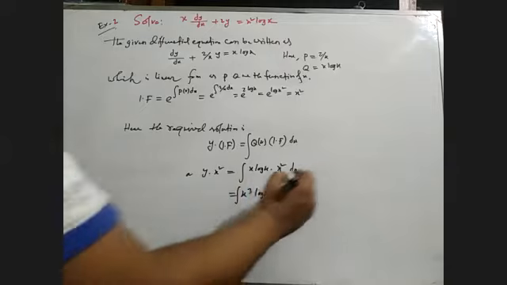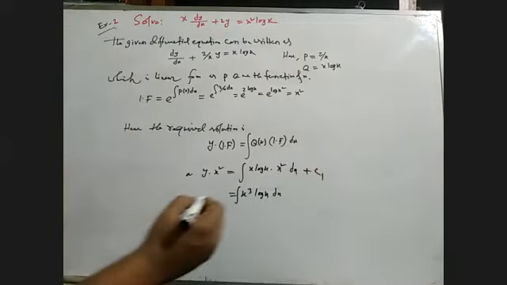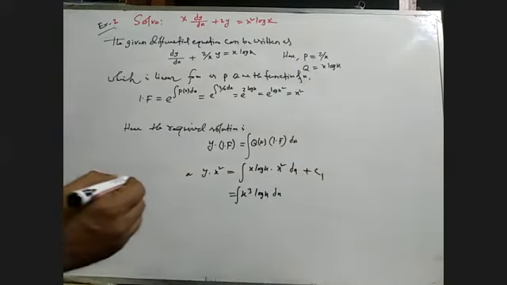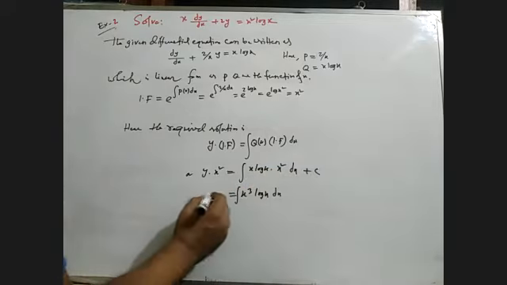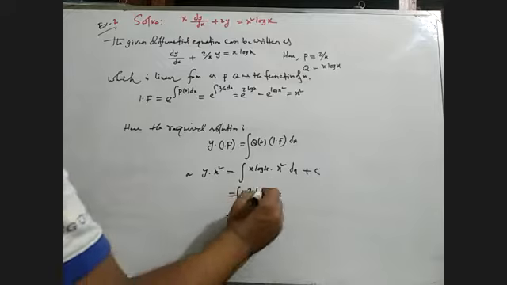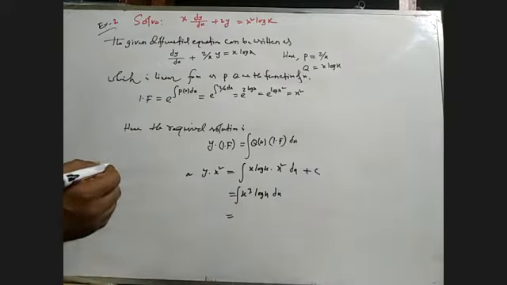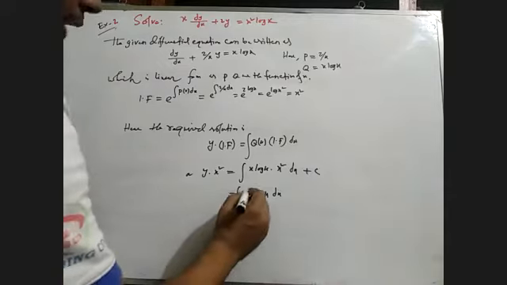Now how can we solve this? We take a constant c, the integral constant. By the UV process, log x will be u and x cube will be v.